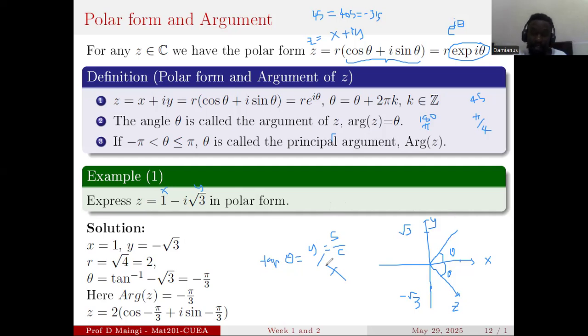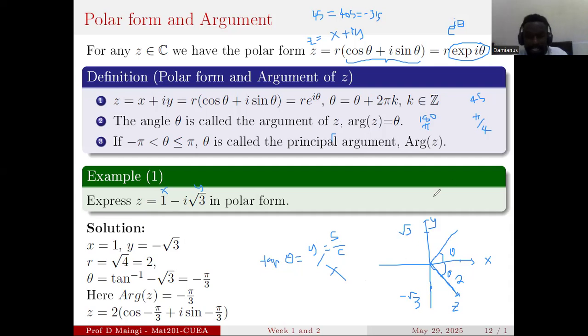But there's something else that I'm not telling you, about R. What's this length? This length here is 2. So now we are talking about the square root of 3 over 1, or the square root of 3 over 2, 1 over 2. Now this would tell you the angle.